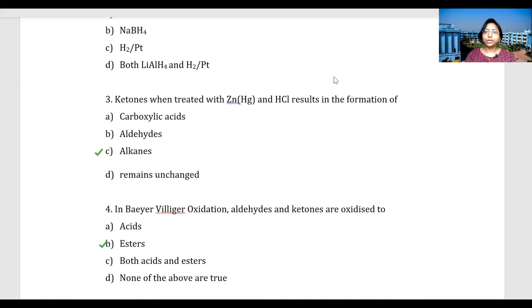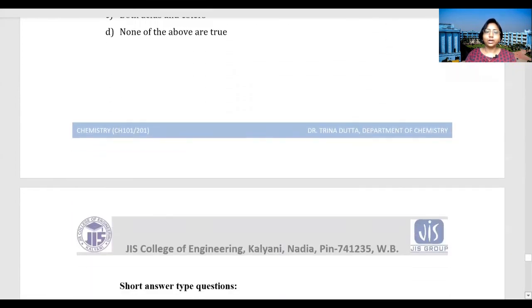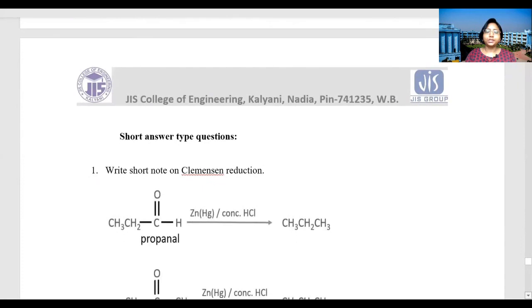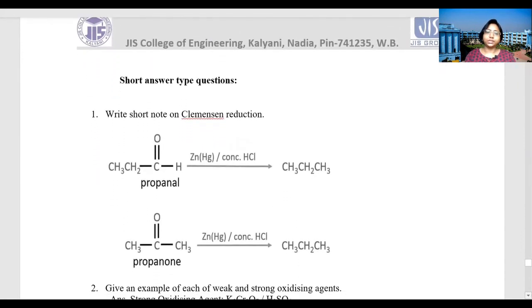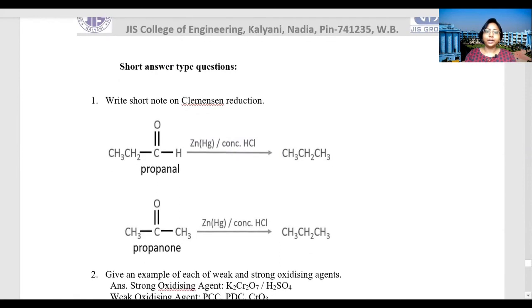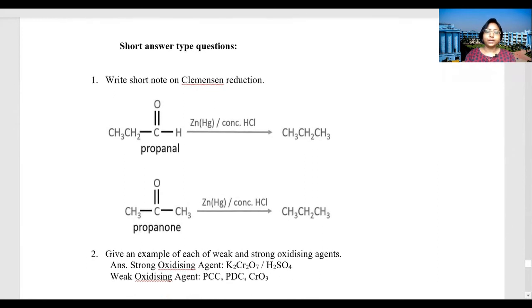Now let's look at the short answer type questions. Here, write a short note on Clemmensen reduction. Generally the short notes come. Write short notes on Clemmensen reduction. So here you can give the zinc amalgam and the concentrated HCl.